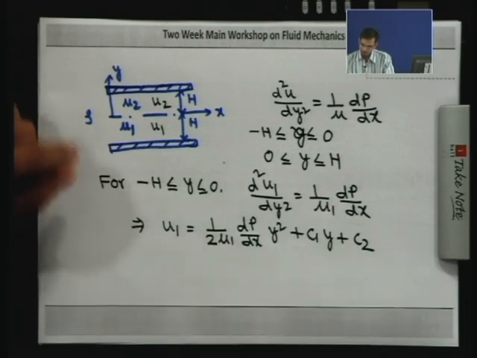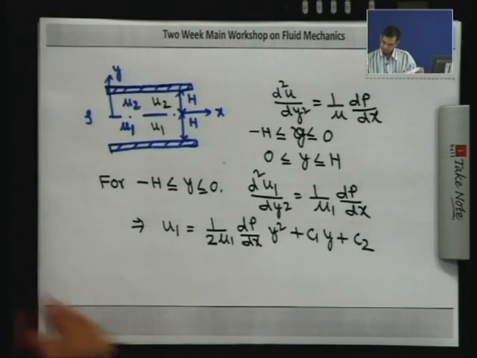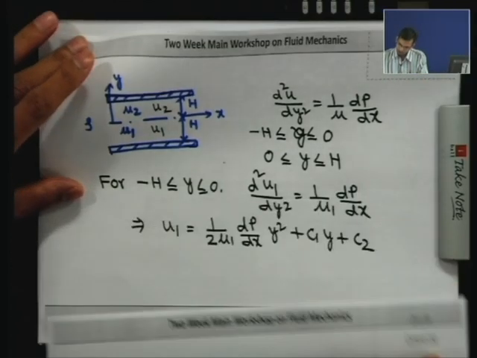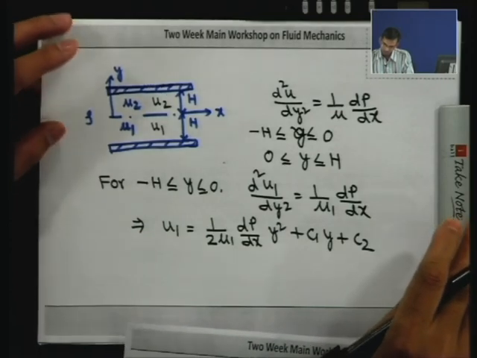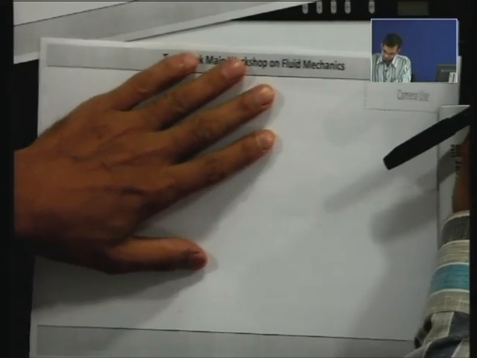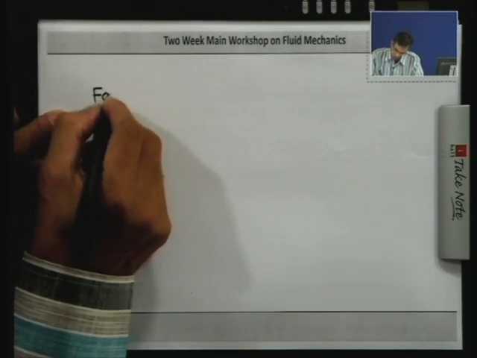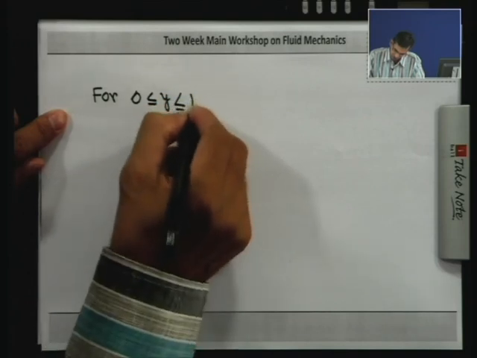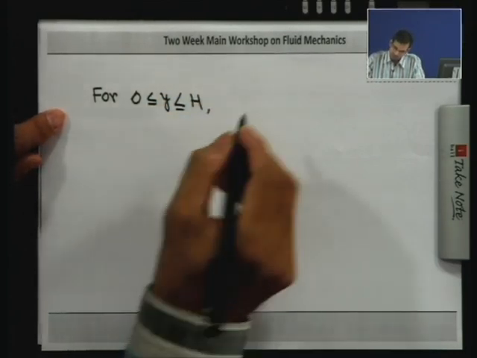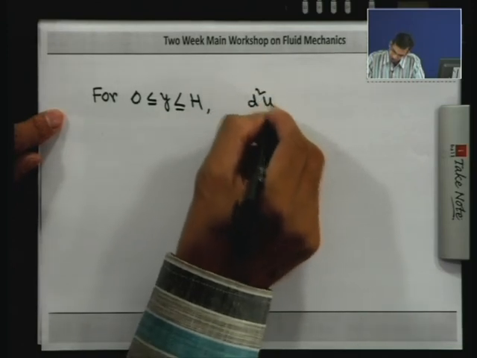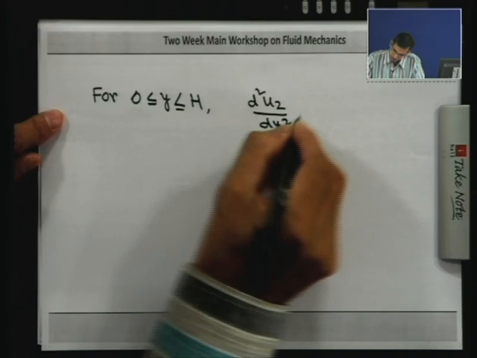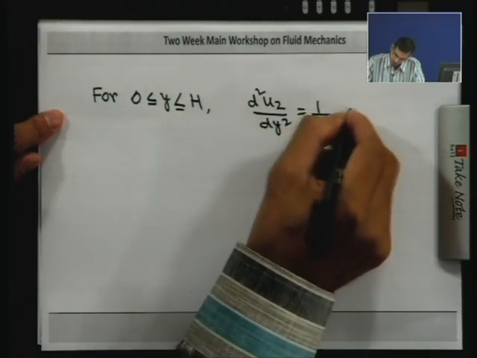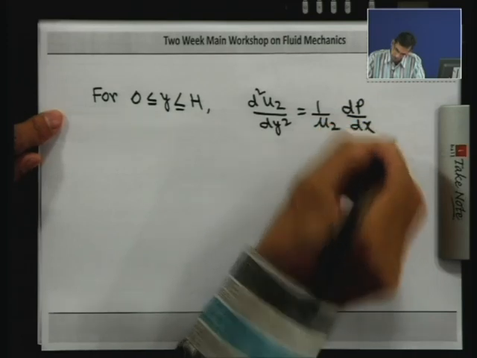Before coming to the boundary conditions, let us look at how the velocity profile becomes for the upper layer of fluid. For the upper layer, the domain is from 0 to h, and the governing differential equation becomes d2u2/dy2 = 1/mu2 dP/dx.